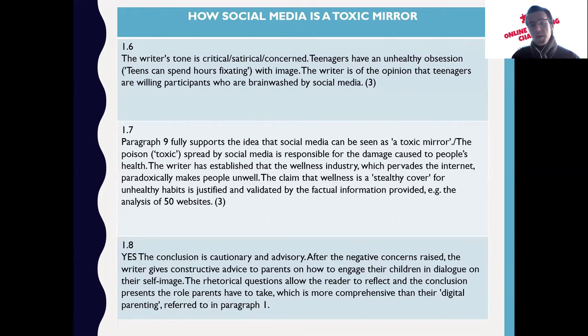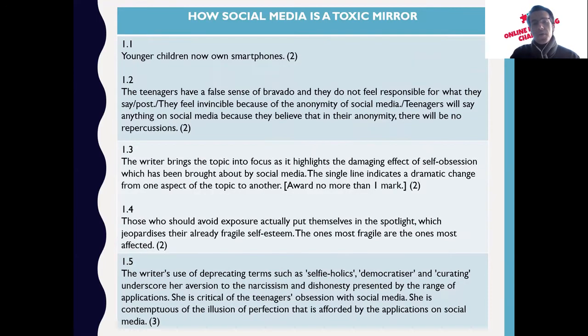The claim that wellness is a stealthy cover for unhealthy habits is justified and validated by the factual information provided. For example, the analysis of 50 websites mentioned in the comprehension is a clear indicator that this so-called stealthy cover utilized by the wellness industry is something the author is quite critical of.